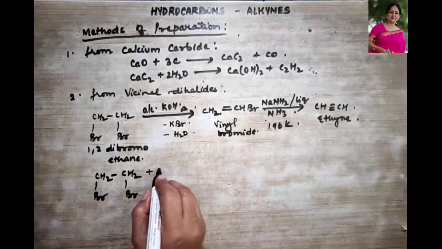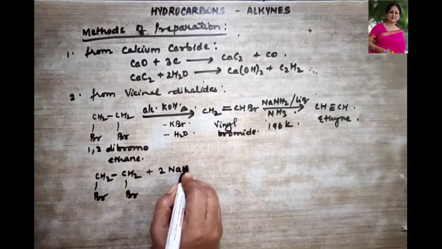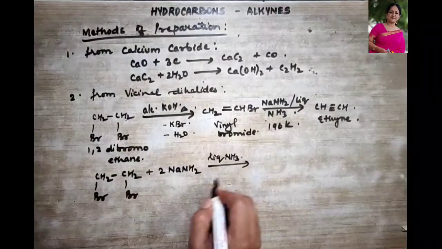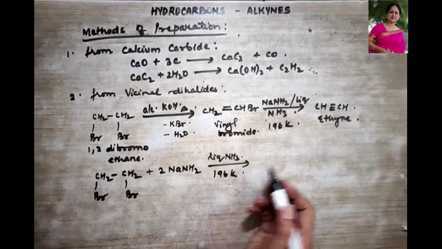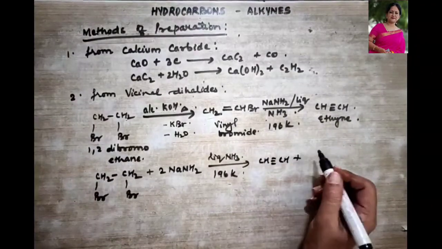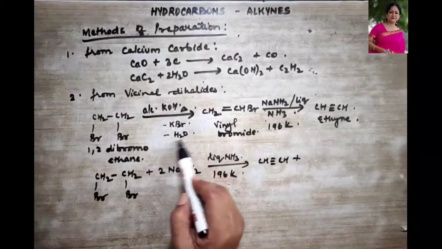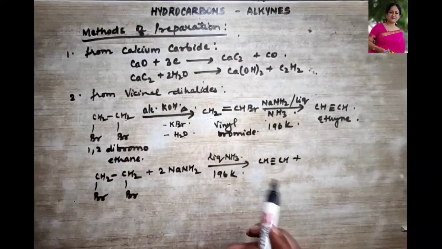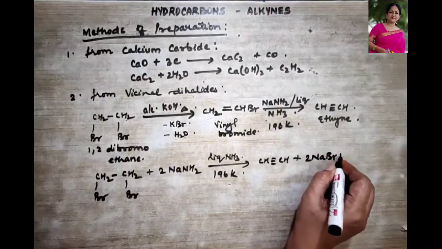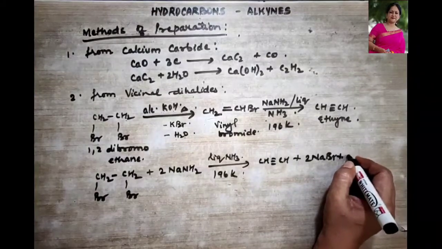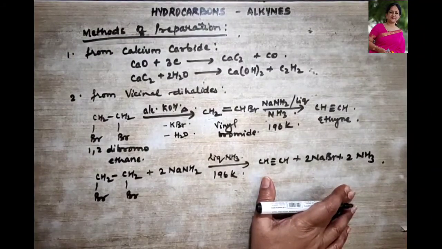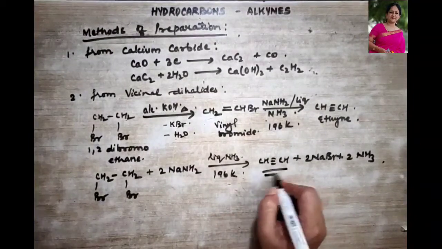When treated with 2 molecules of NaNH2 in the presence of liquid ammonia at 196 Kelvin, we can straight away get ethyne, HC≡CH, plus 2 NaBr plus 2 NH3. So this is another method to obtain ethyne.